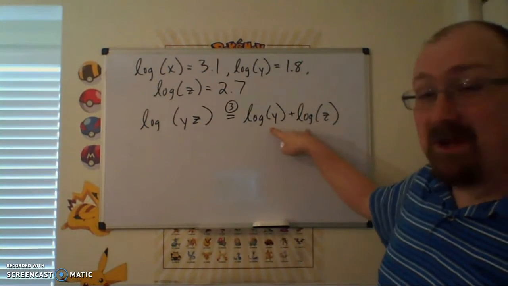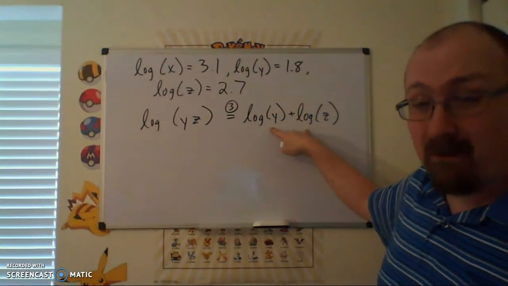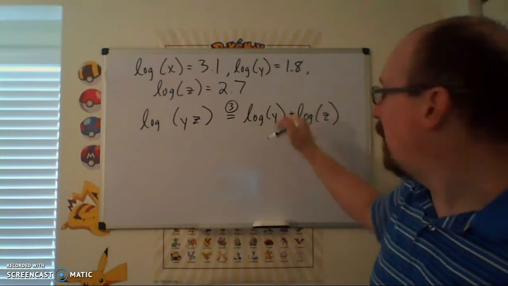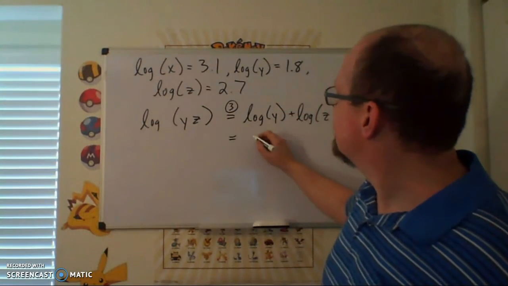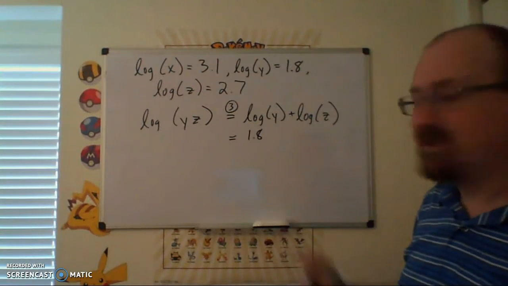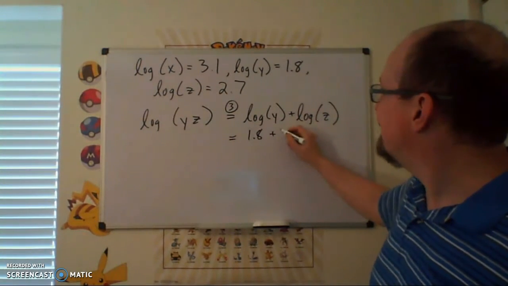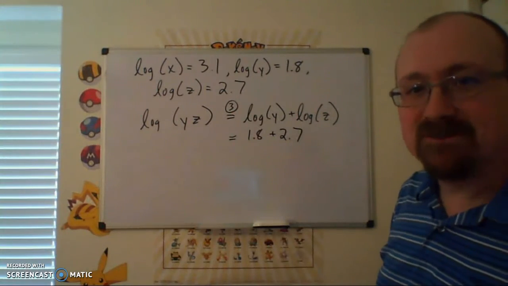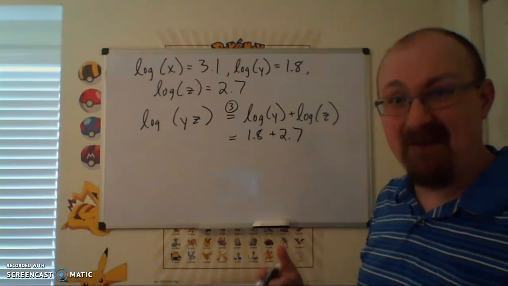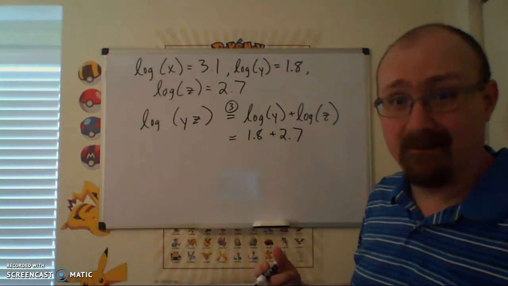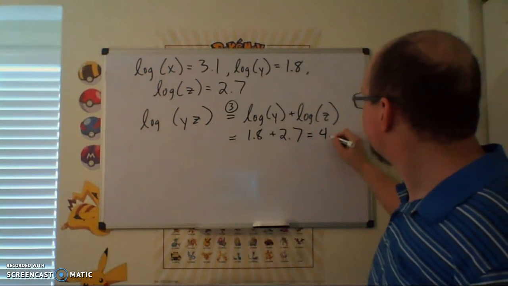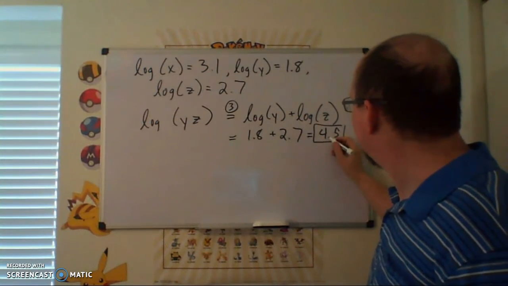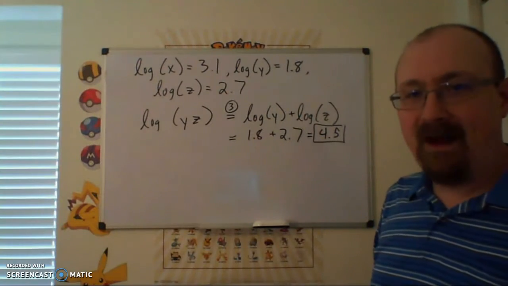And we already know what these values for these logarithms are. We're not plugging these values in and calculating logs again. All we need to do is take the log of y, which is 1.8, the log of z, which is 2.7, and then add those 2 values together. So we're not actually having to press the log button on a calculator or anything like that. So that gives us an end result of 4.5. Cool.